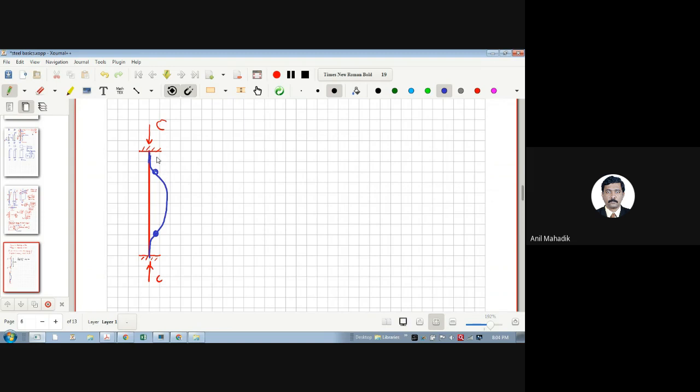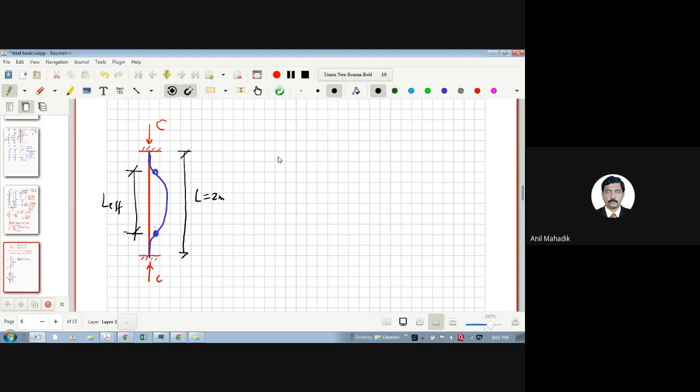So let's say this is your L, which is, let's say, 2 meters. But L effective is nothing but the length between these 2 points of contraflexure. So this is your L effective, not 2 meters.